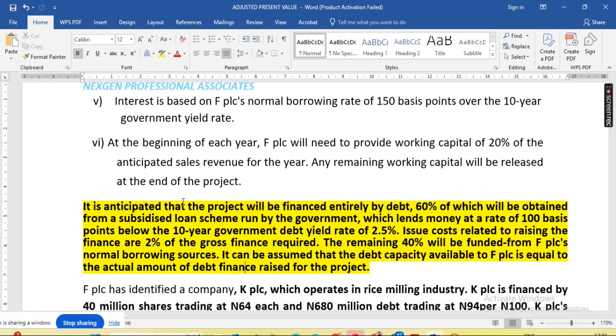I've said that if the project will be financed by debt, it means entirely, including the working capital. So the addition of your investment plus the working capital will give you the total financing cost. And they said 60% of which will be obtained from a subsidized loan scheme run by the government.